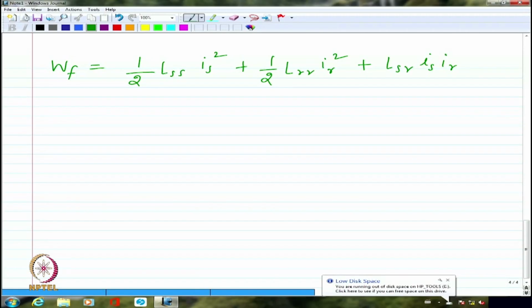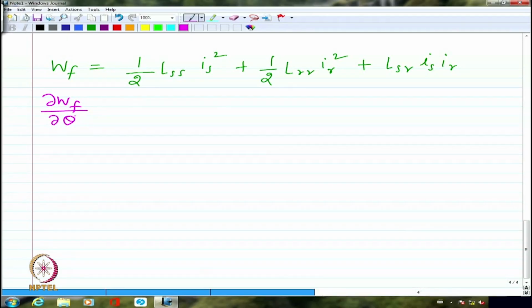Now if I try to look at dou WF divided by dou theta, because I have to look at the whole thing with respect to theta, this will give me, rather than force, I should call this now torque, because we are just migrating to the rotational system directly.